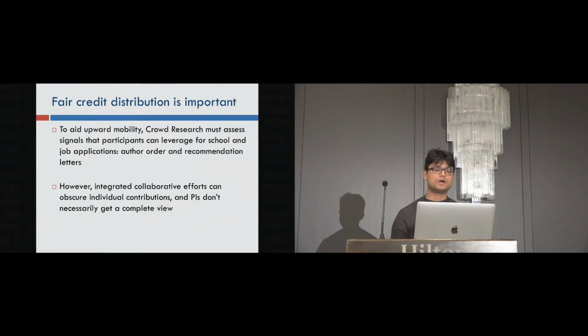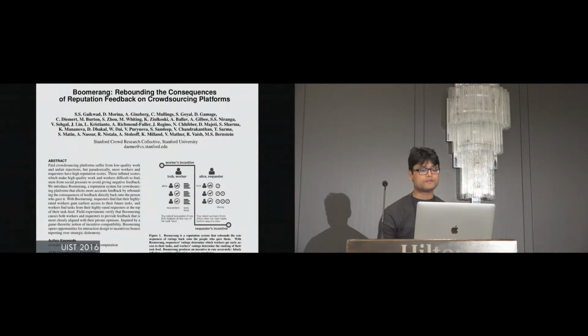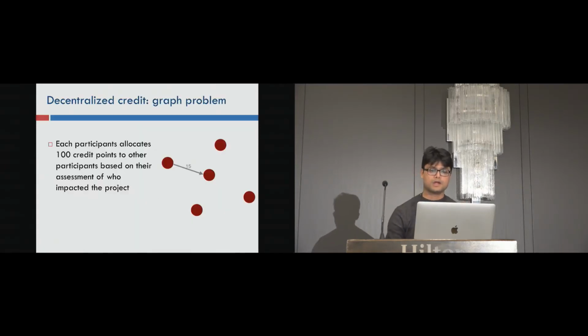Because it's really hard: integrated collaborative efforts can easily get obscured, and PIs don't necessarily have an overview of what everybody was doing. For example, the paper presented last year, how did we even figure out this author order?